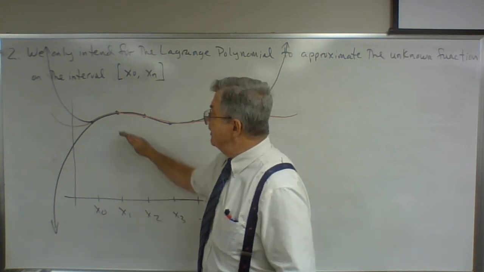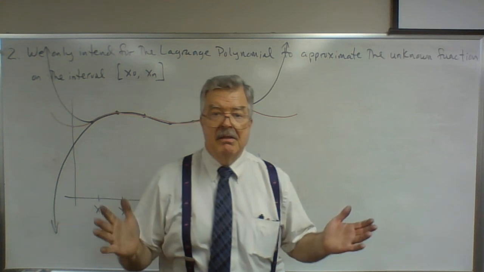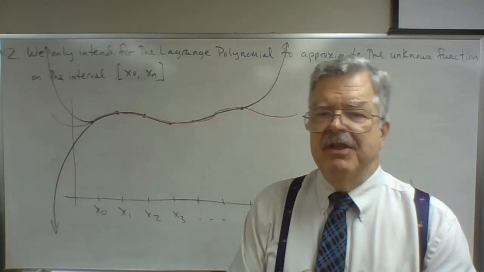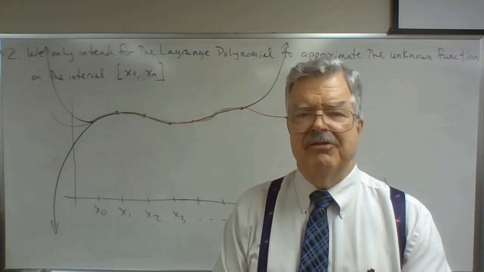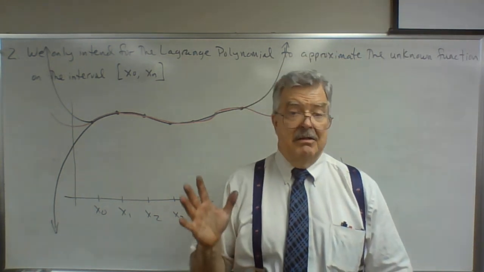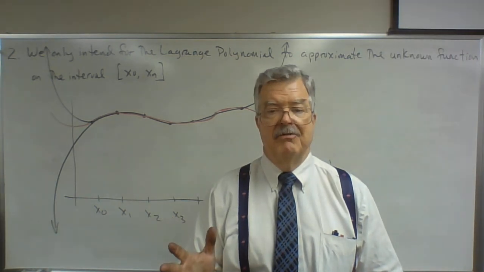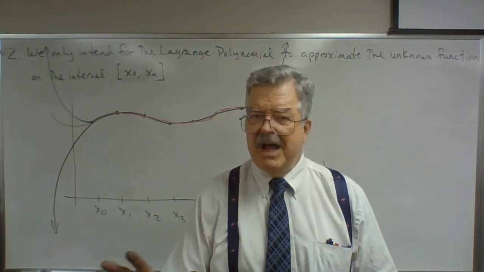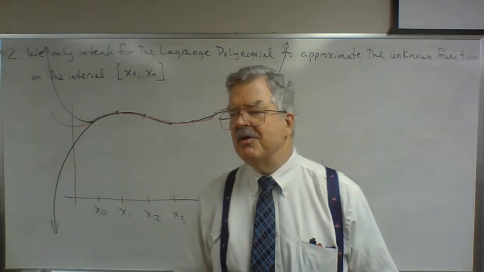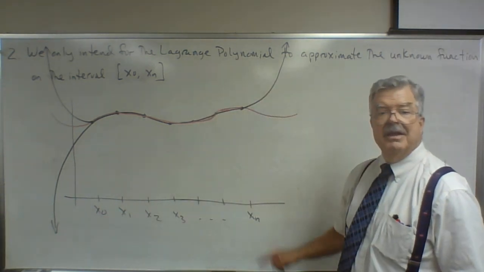And the unknown function may continue to meander like this. So outside of the interval from x0 to xn, the Lagrange polynomial cannot be trusted to be a good approximation of the unknown function. We only rely on it to approximate the unknown function between x0 and xn.